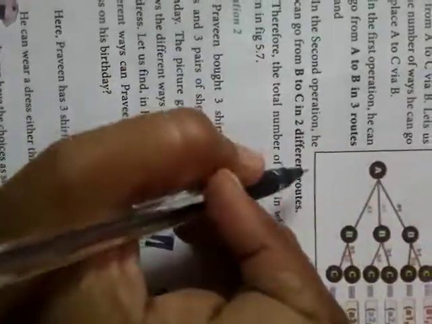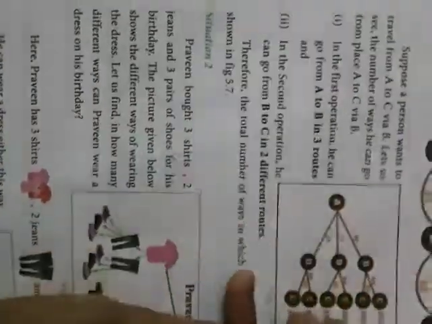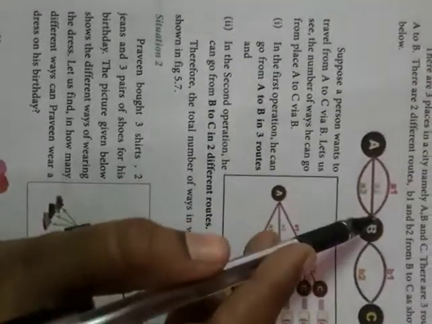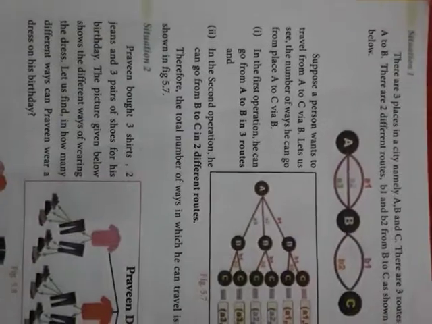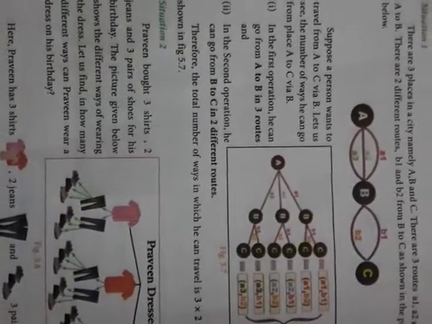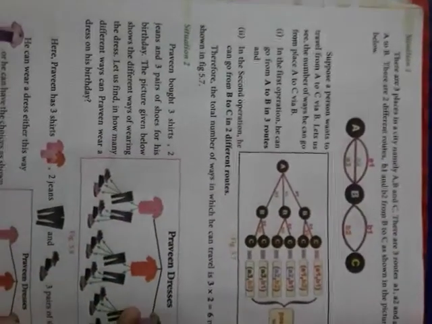So it is multiplication because both are connected with B, so it is a dependent one. If it is dependent, you have to use the multiplication formula, m into n. So 3 into 2 is equal to 6 routes.